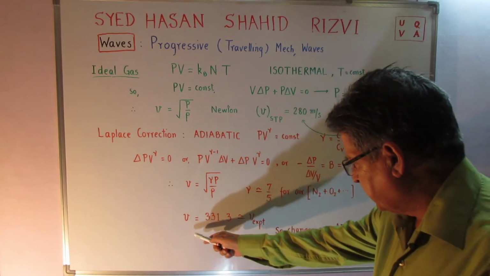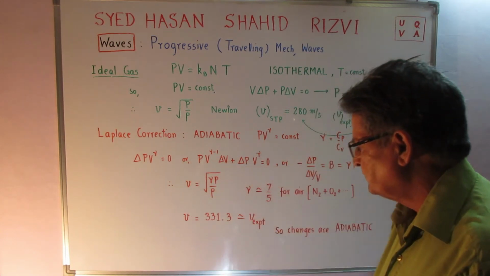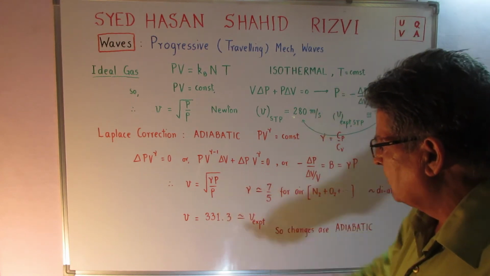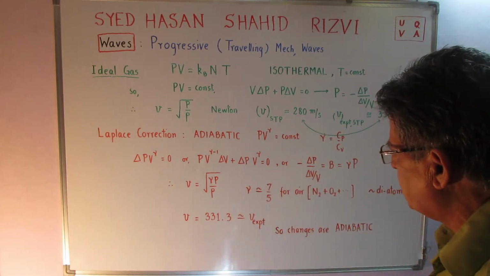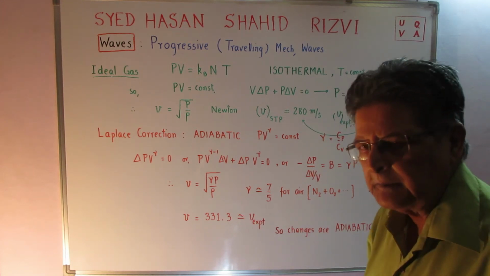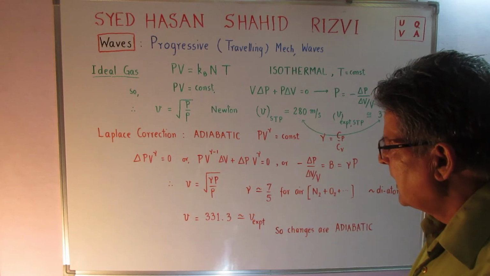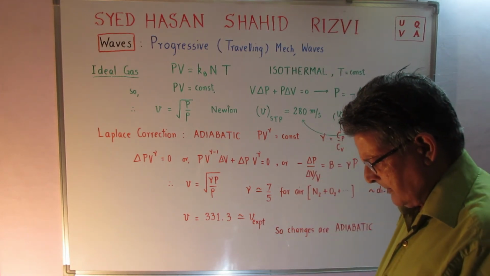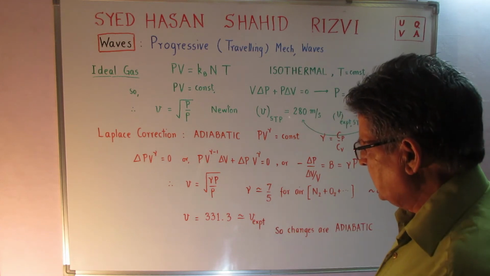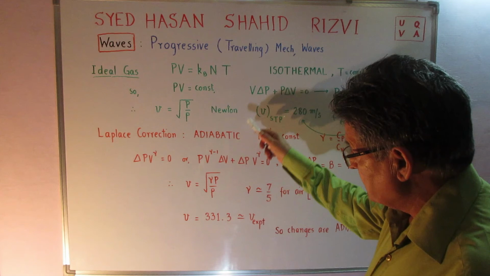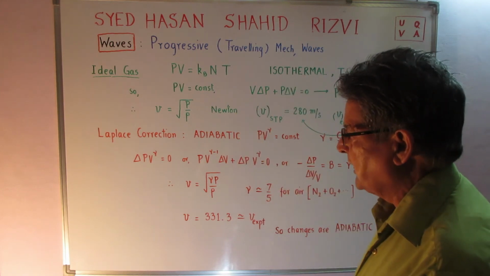The velocity, if we calculate like this, turns out to be equal to 331.3 at the same STP. I'm told that initially this correction of gamma didn't come when you think of this process to be adiabatic.